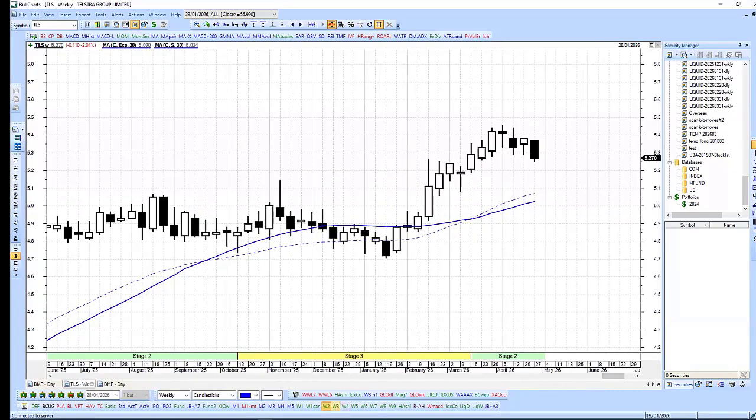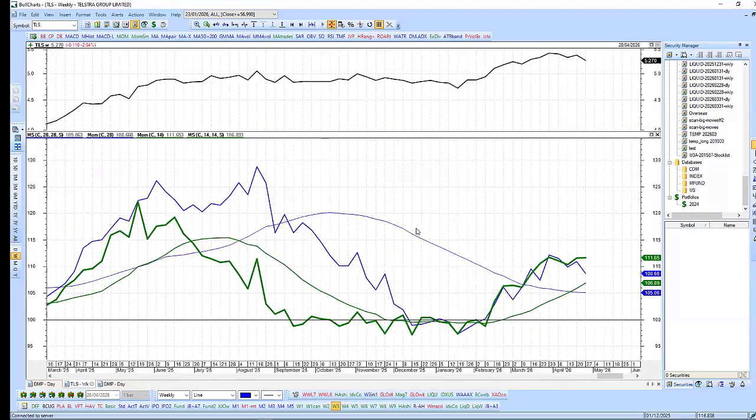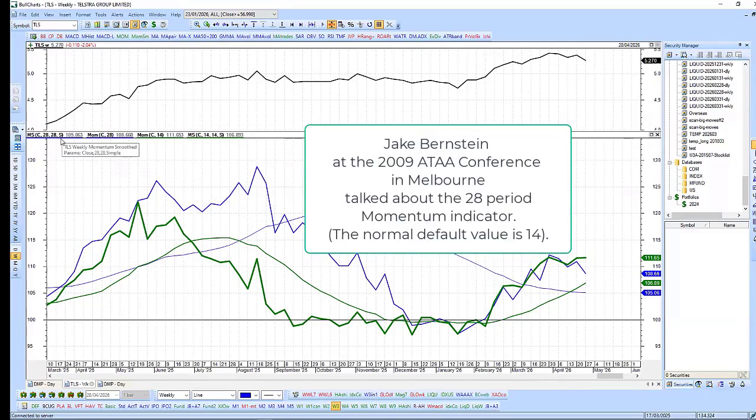The third one I've got down here, W3, is momentum. Now, I've never been sure whether to use the 14-period momentum like all of the sheep and follow the herd, or is it 14 or 28 that's the default? I'm never sure. I think it's 28.